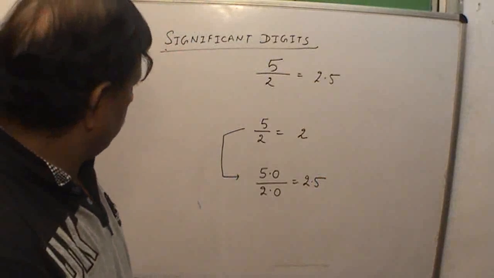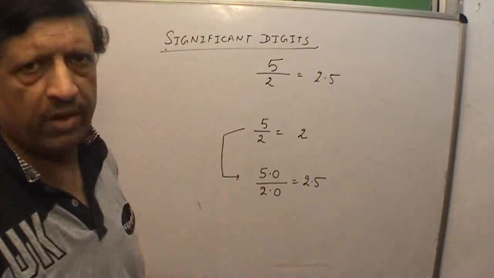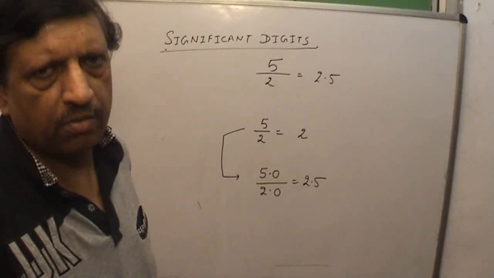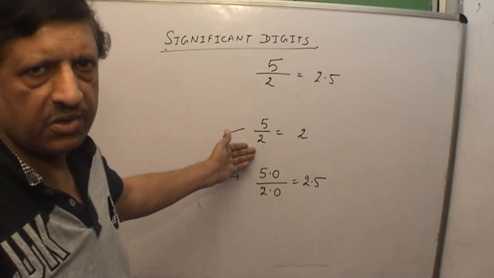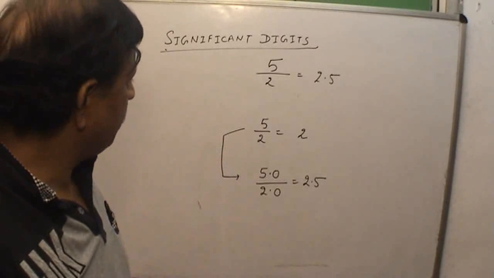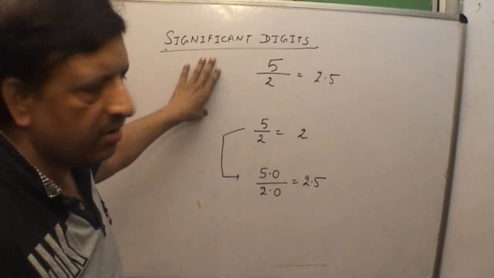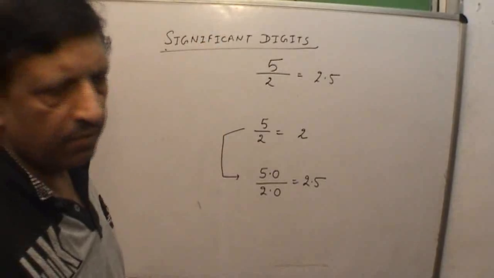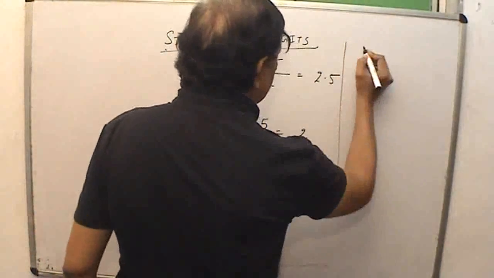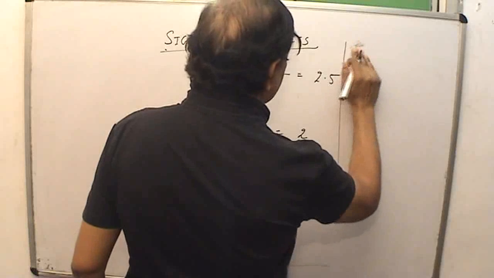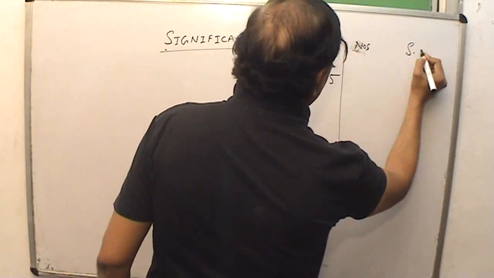Now we ask, what is the difference? After the decimal, 0 has no value in our mathematics, as we learned in the basic classes. Then how to teach it to the computer? First of all, the significant digits. Let us consider some figures. Here we write digits or numbers, and here significant figures.